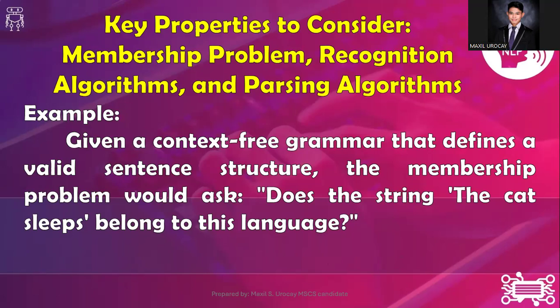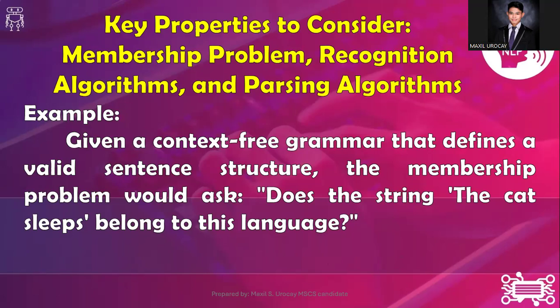Okay. So, given a context-free grammar that defines valid sentence structures, for example, a sentence with a determiner, a noun, and a verb, the membership problem would ask, does the string "the cat sleeps" belong to this language?